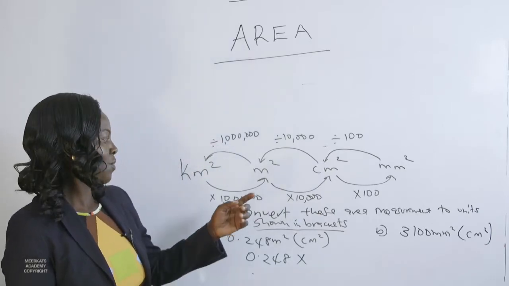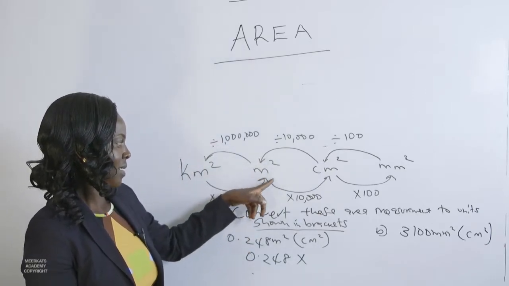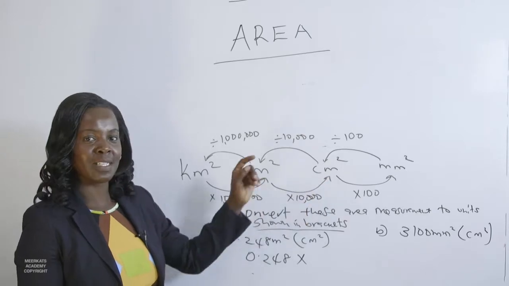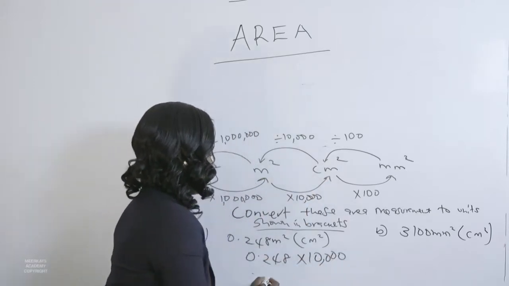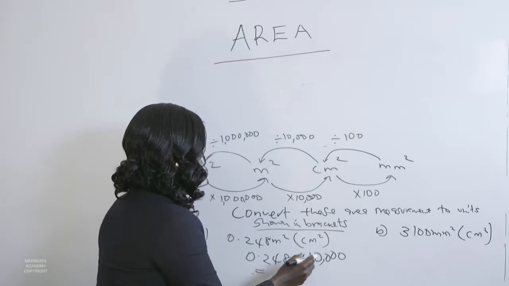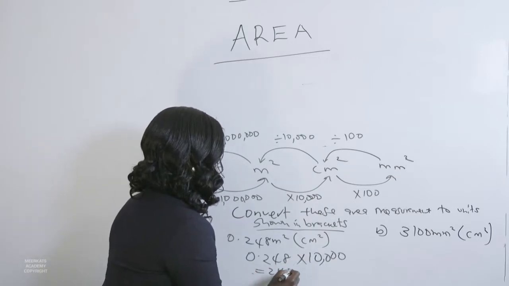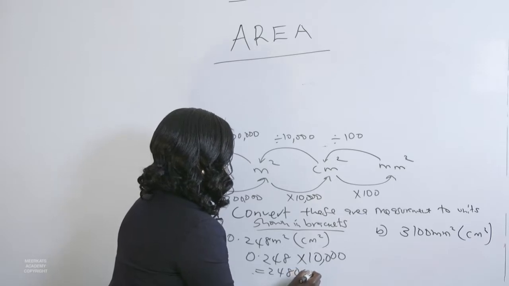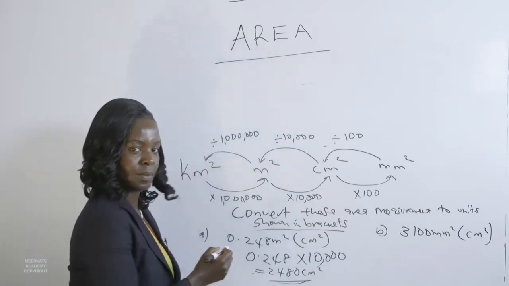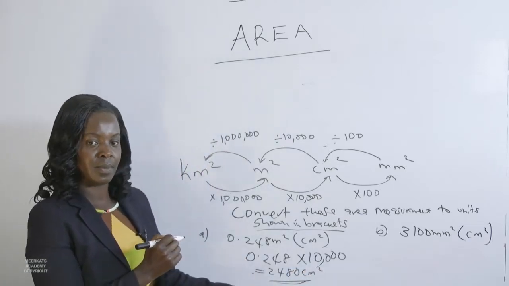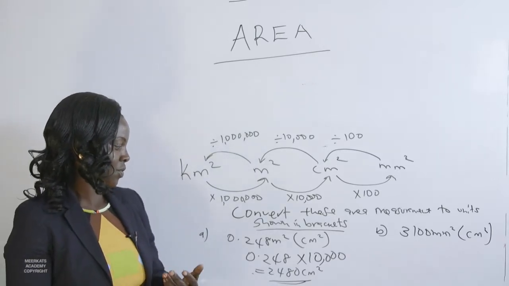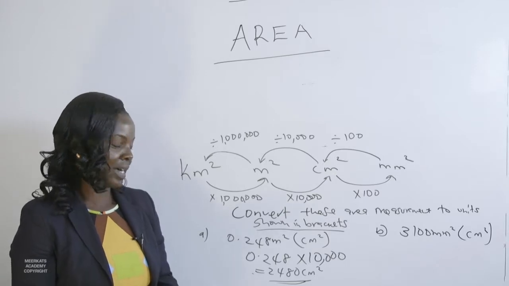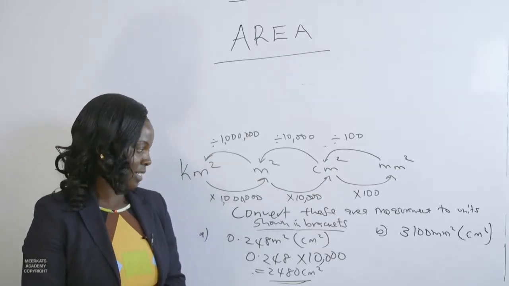We said if you are moving from square meters to square centimeters, you multiply by 10,000. We'll have 2,480 square centimeters.